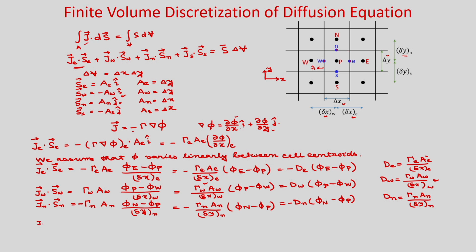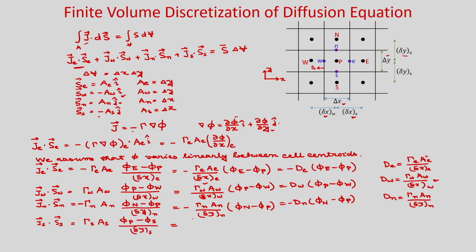And similarly J_s dot S_s. Okay. So, now you can see S_s is negative and j is negative. So, negative times negative gives positive gamma_s A_s, and only del phi by del y will remain, because j dot j will be 1. Del phi by del y at this face center, if you determine, will be phi_P minus phi_S divided by delta y_s. Okay. So, it will be gamma_s A_s divided by delta y_s times phi_P minus phi_S.